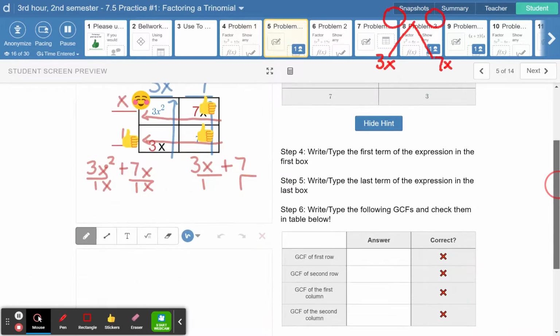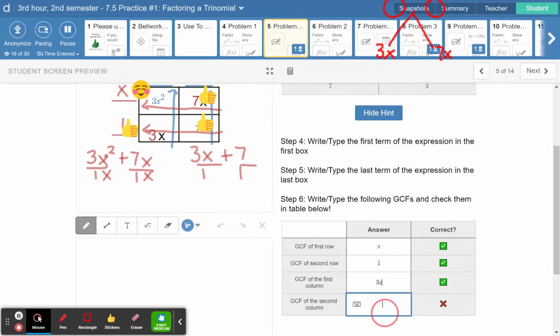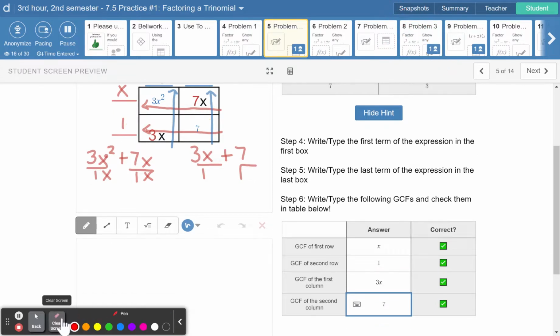So let's verify that. We have the x, we have the 1, then we have the 3x in blue, and then we have the 7. Now how we write our answer is by grouping the sides together. So my red side is x plus 1.